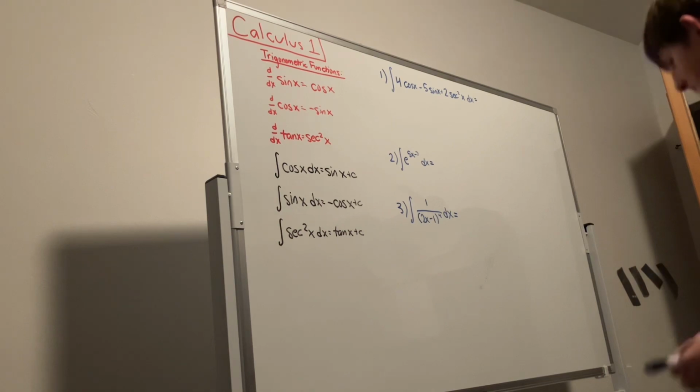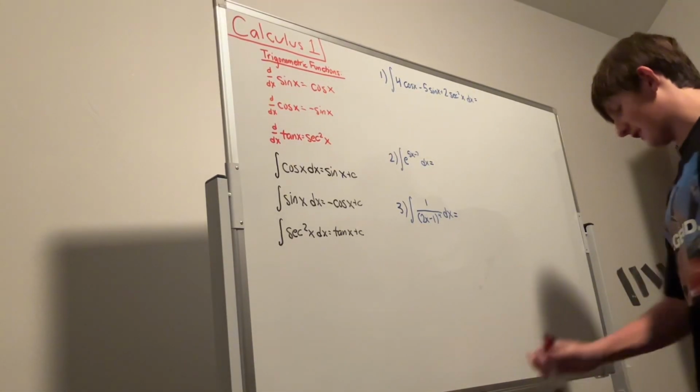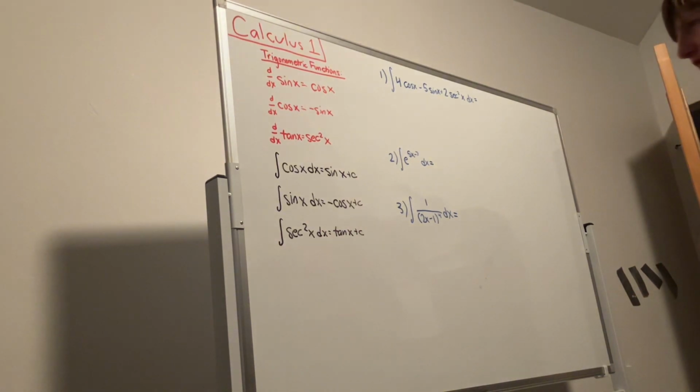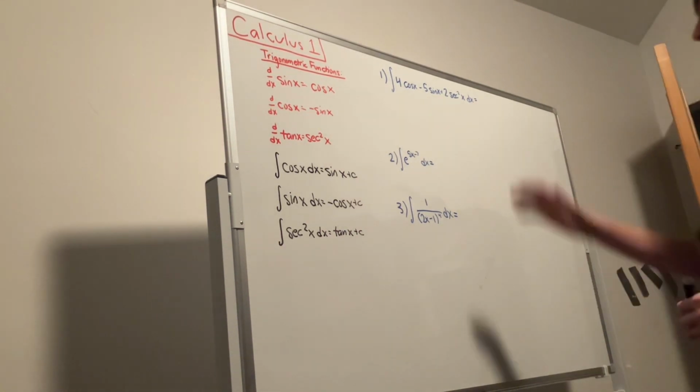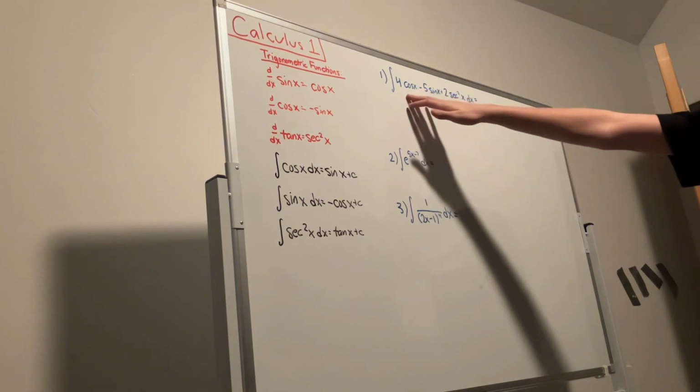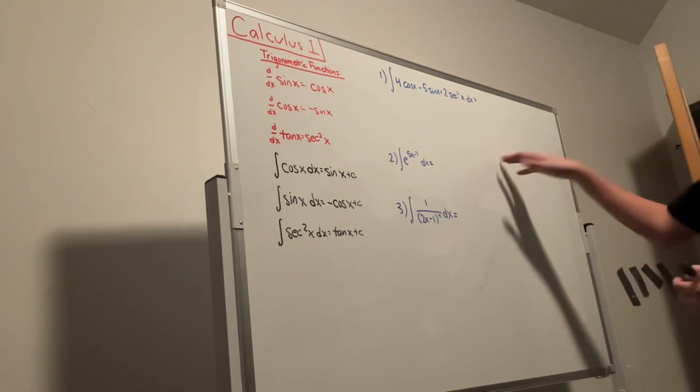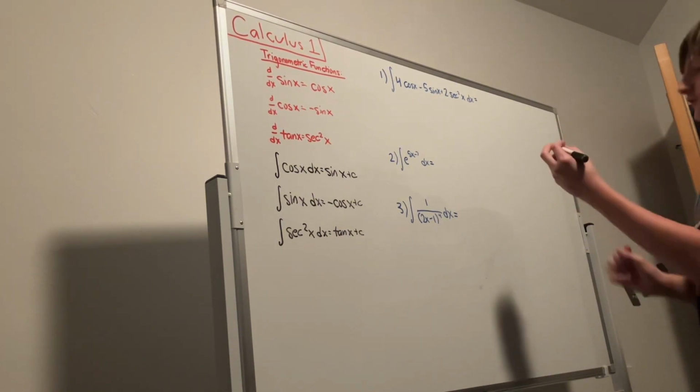So with that being said, let's go to this first problem. We have the integral of 4 cosine x minus 5 sine x plus 2 secant squared x dx. So we can break this down into 3 parts.